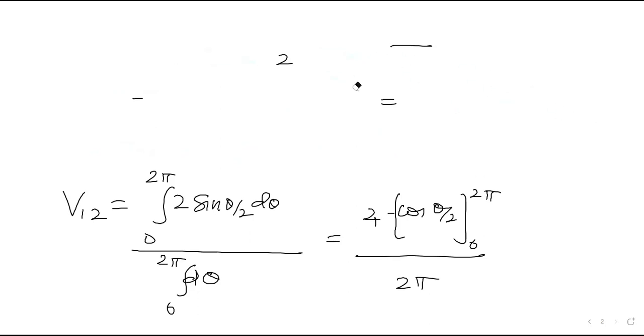Minus 4 stays minus 4. I substitute cos of 2 pi by 2, which is cos of pi, minus cos of 0, divided by 2 pi.